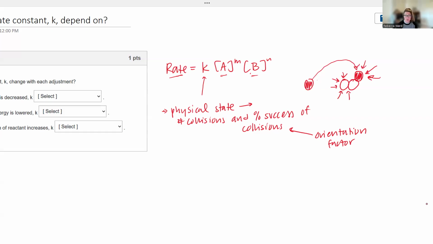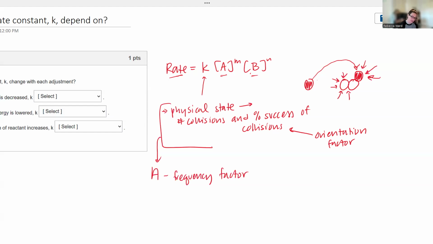So that is going to have a role in how fast the reaction goes, and that's folded into K, and that's our A. All of this gets folded into big A, which is our frequency factor. K depends on that.